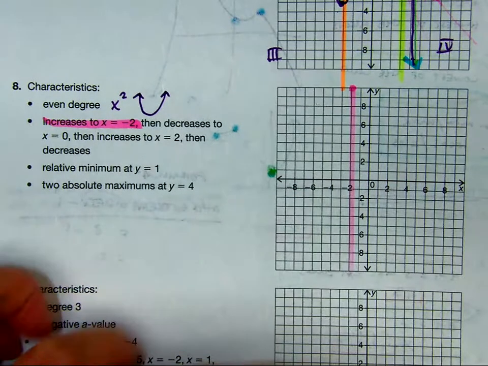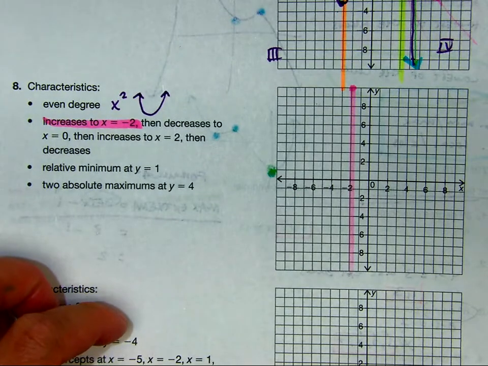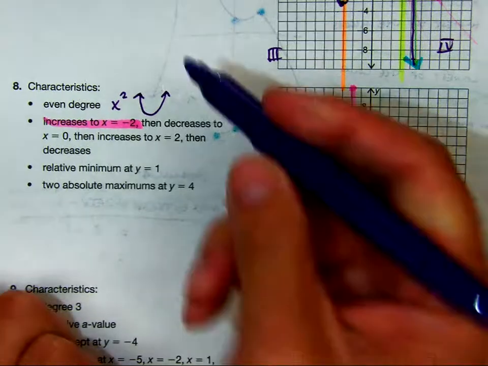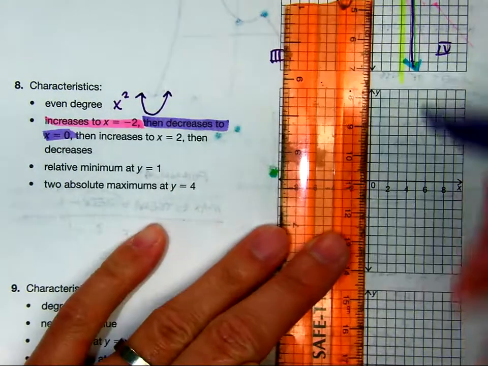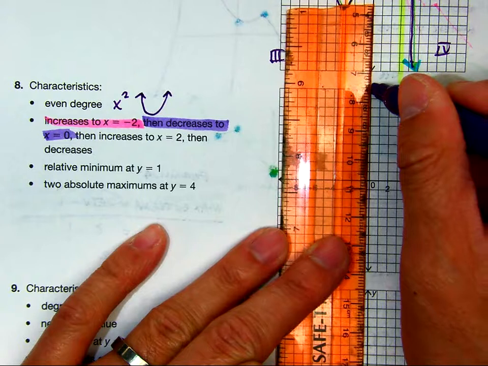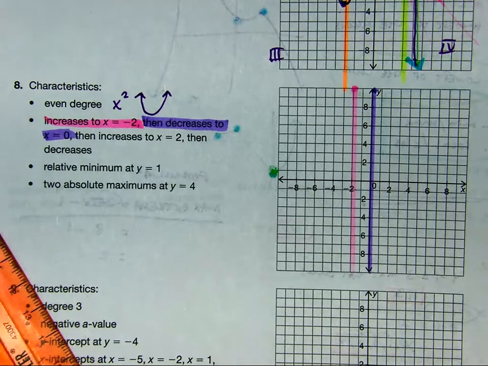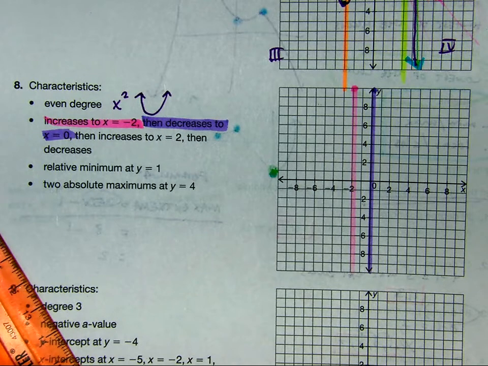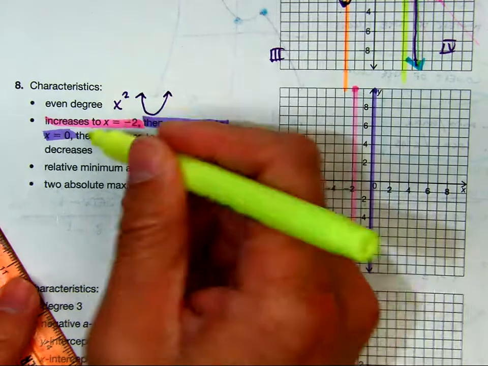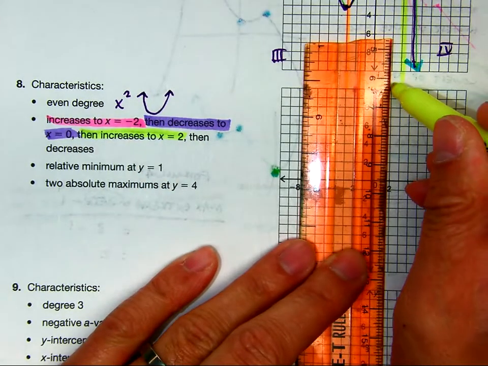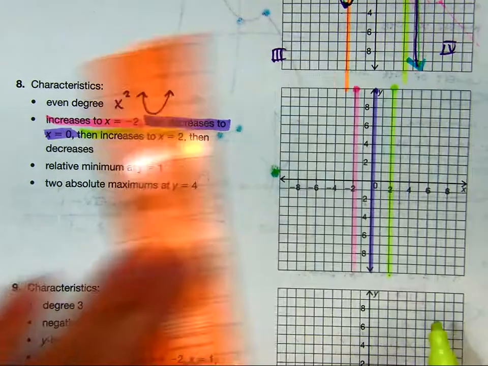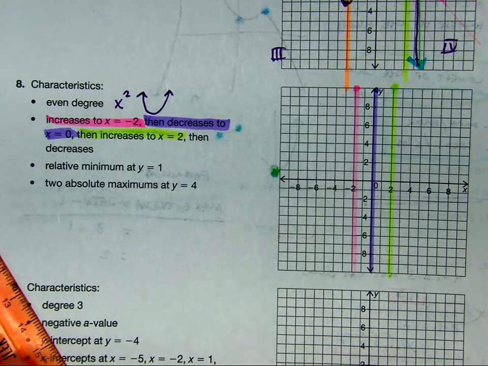Then decreases to x equals 0. What a crazy graph. Then increases to x equals 2. And then it decreases to the end. Okay?